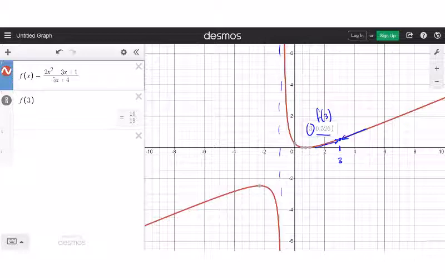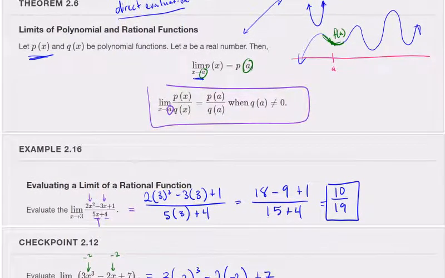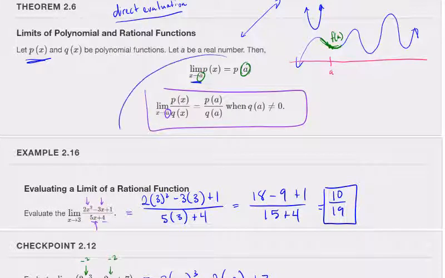It ends up being approximately 0.526, but exactly, if you plug in 3 and find f of 3, it's 10/19. Okay? So direct evaluation can work if you have functions that are continuous. It works with polynomial and rational, but it actually works with any function as long as that function is continuous at that particular point.